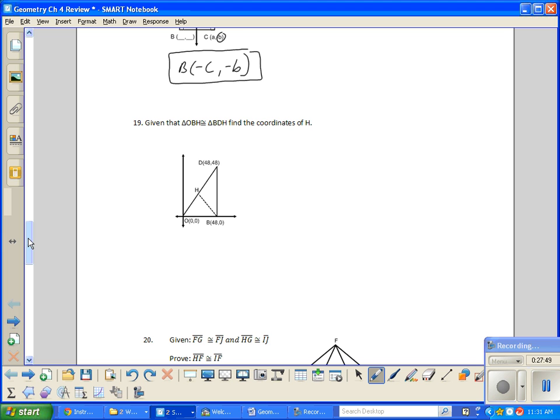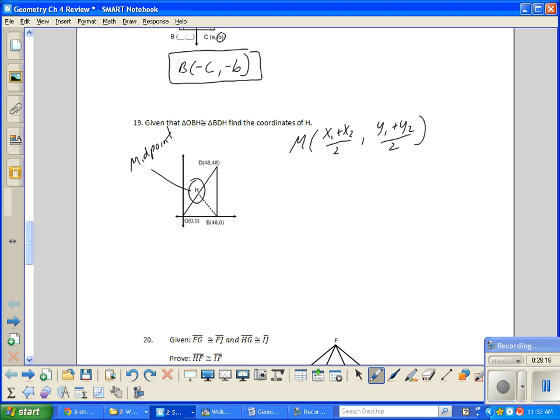Alright, then 19, given that triangle OBH is congruent to triangle BDH, find the coordinates of H. Well, what we have to recognize, if those two triangles are congruent, then H is the midpoint of that side. And midpoint formula is x1 plus x2 divided by 2, y1 plus y2 divided by 2.